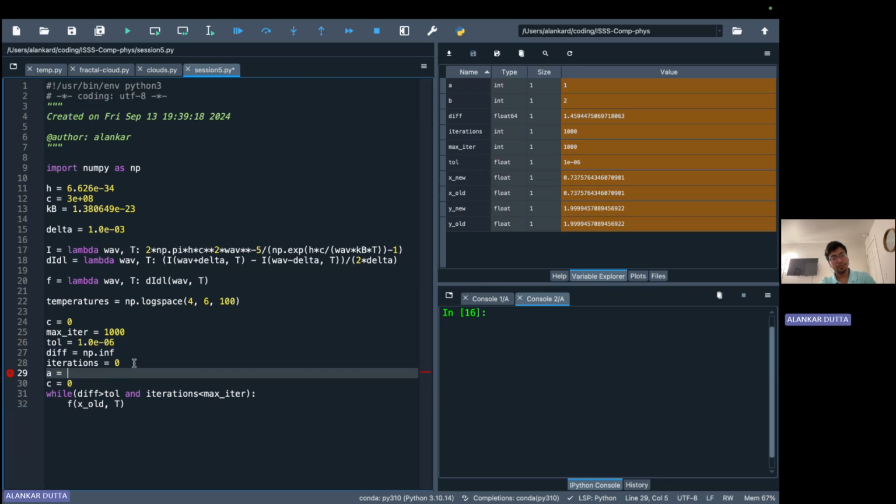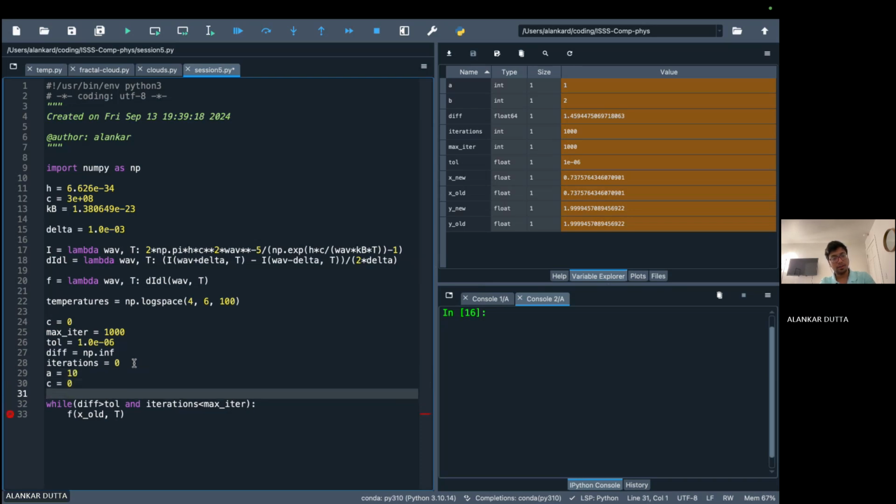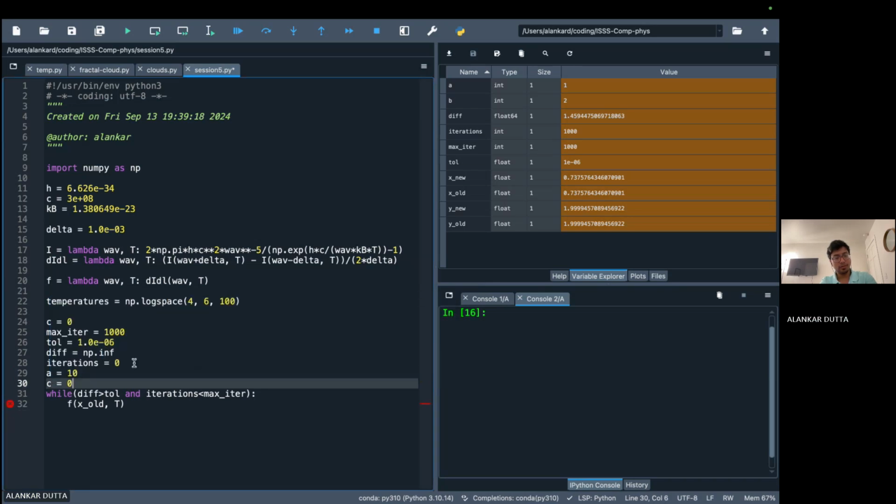A, which is say 10, and B, which is like 100,000, right? So it's like left and right, okay, is what we want.